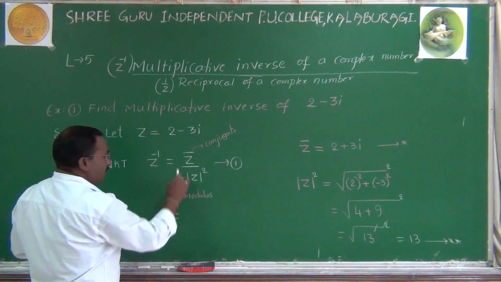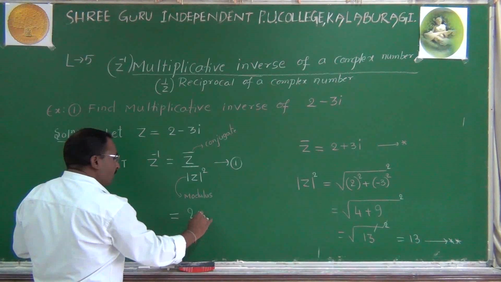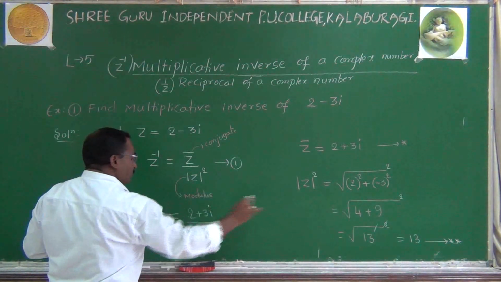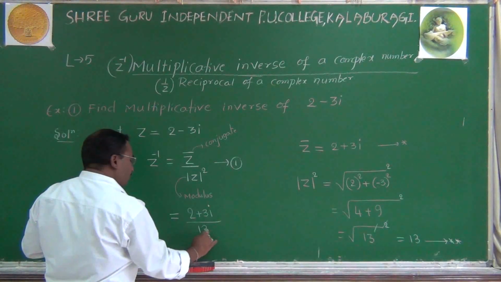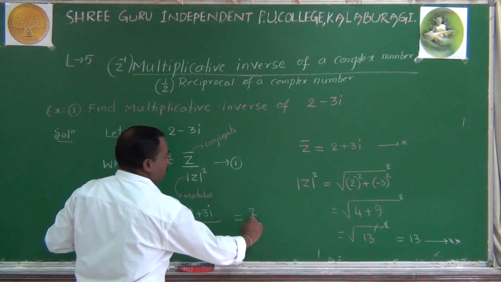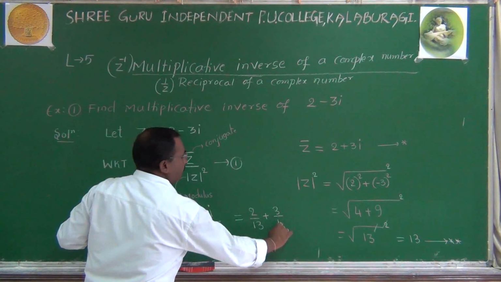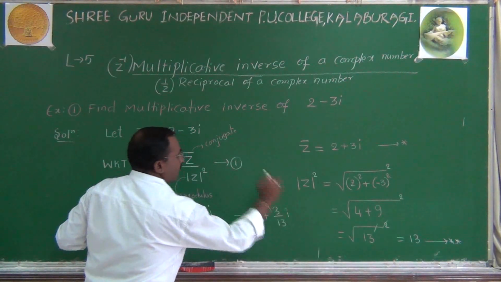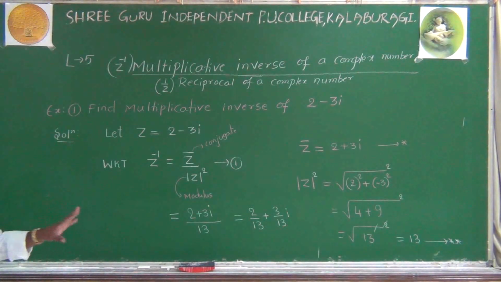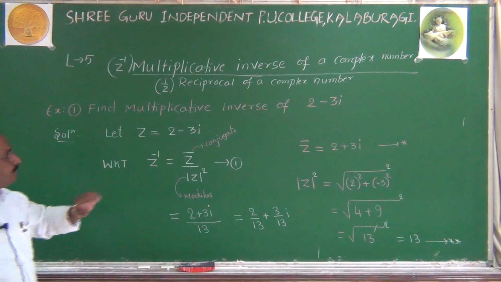That is Z bar, 2 plus 3i, divided by modulus of Z whole square, which is 13. This can be written in another form: 2 by 13 real part plus 3 by 13 imaginary part. This is the multiplicative inverse of the complex number.